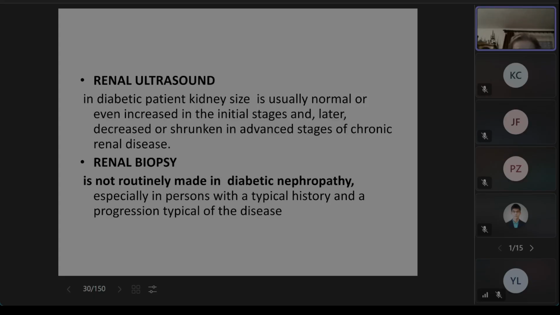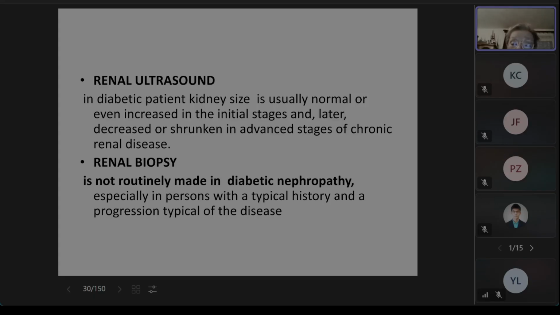And in such a case, if the patient has been suffering from diabetes mellitus for a short time, let's say 5 up to 10 years, and the metabolic control of glycemia is good, it is worth performing renal biopsy, because maybe this young man or woman is suffering not from diabetic nephropathy, but from another kind of glomerulopathy, like another type of primary glomerulopathy.